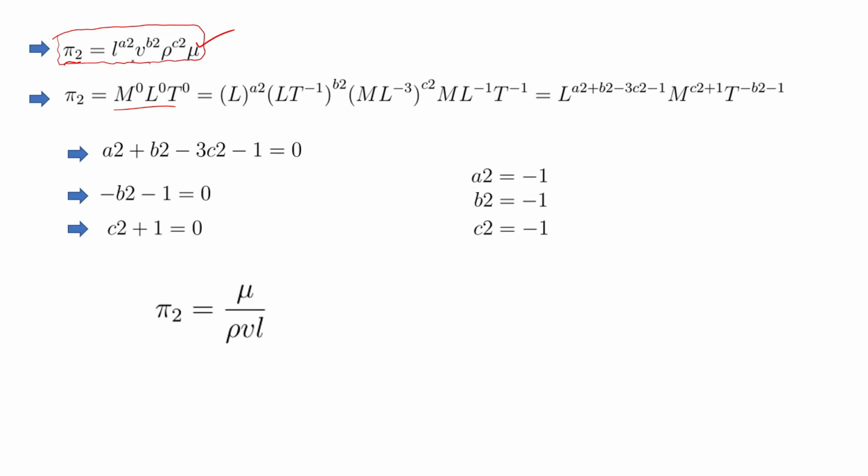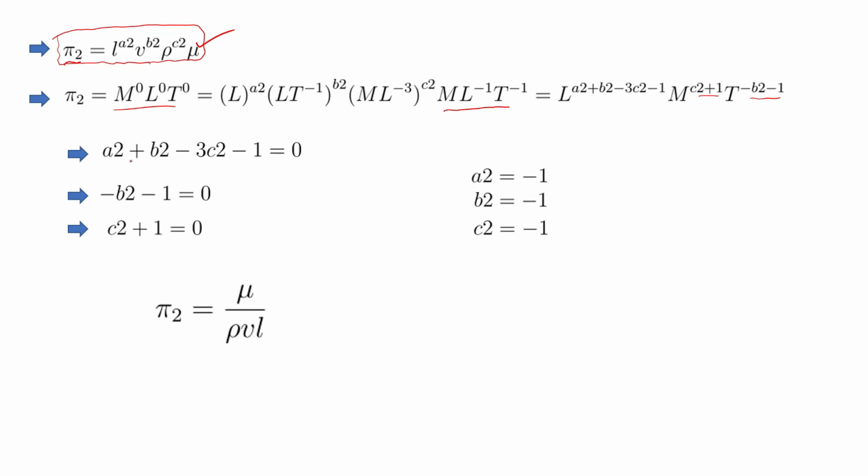And this is equal to, if you write the fundamental dimensions, L raised to A2, LT minus 1 whole raised to B2, ML minus 3 whole raised to C2 into this mu. Dimension of mu is ML minus 1 T minus 1. This is equal to capital L into A2 plus B2 minus 3C2 minus 1 into capital M raised to C2 plus 1 into capital T raised to minus B2 minus 1.